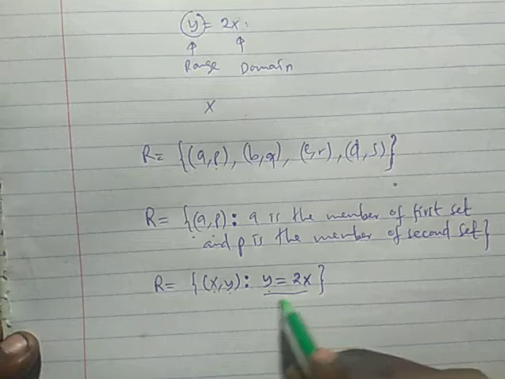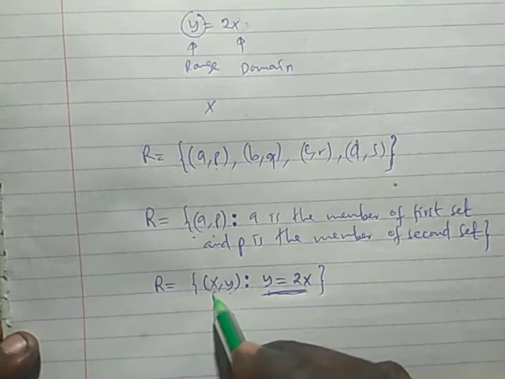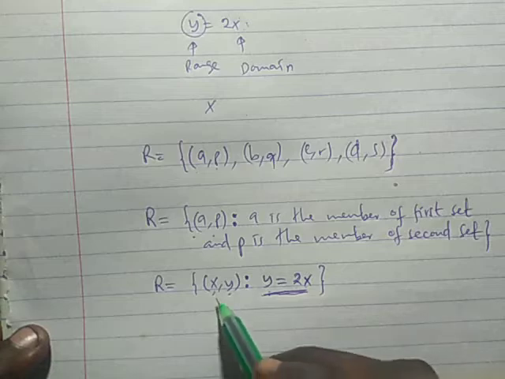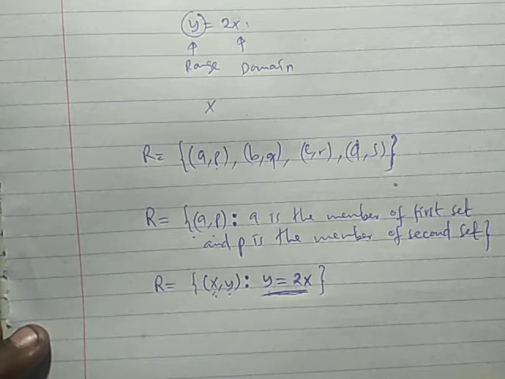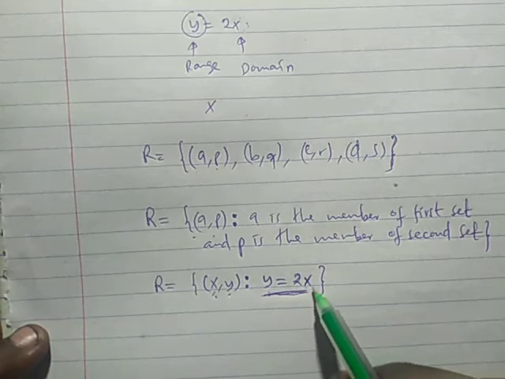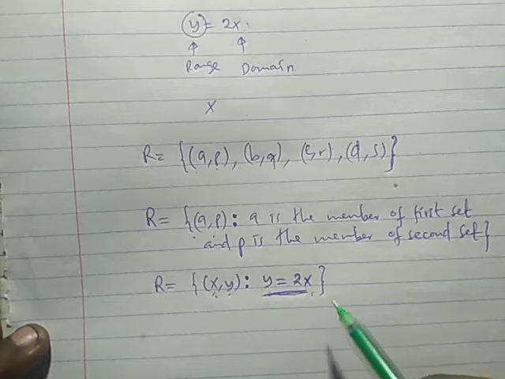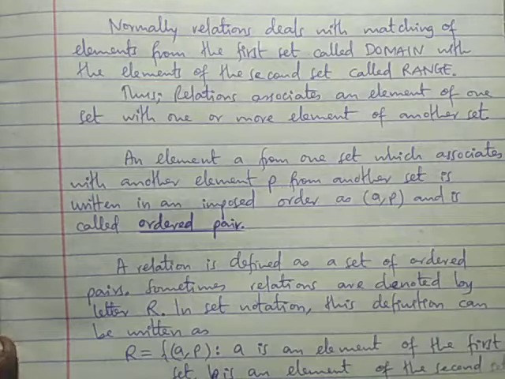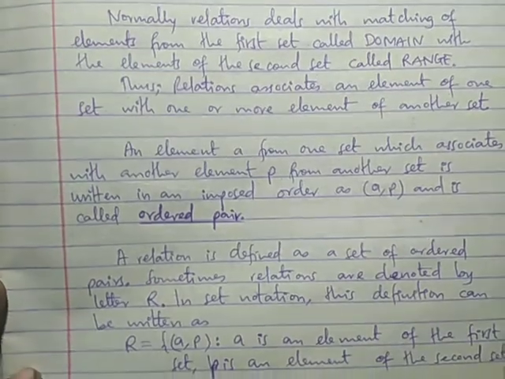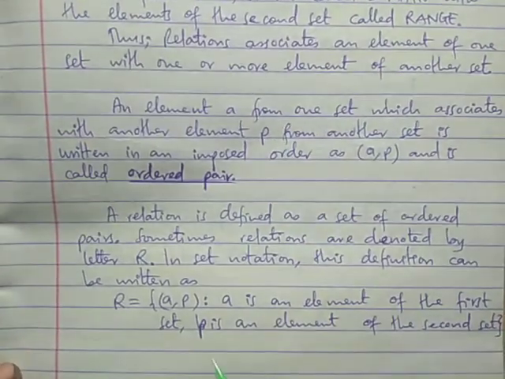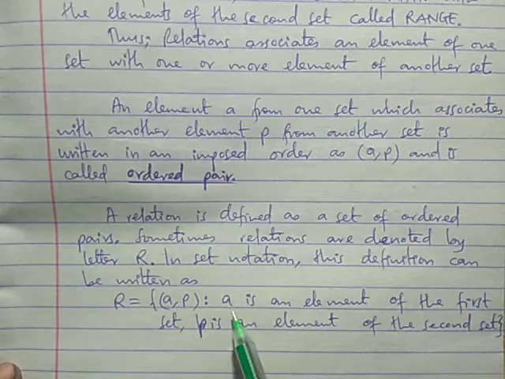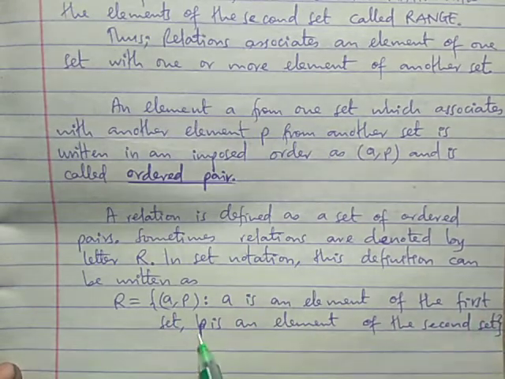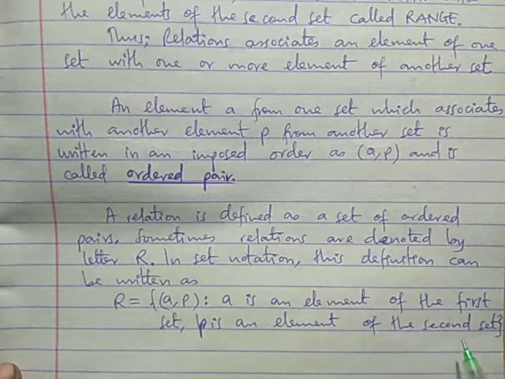So this, hii inaonyesha uhusiano ulioko kati ya members of first set na members wa second set upoje. Maana tukimwandika member wa second set awe ni moja ambayo ni X, je, member wa second set ambaye ni Y atakuwa ni ngapi? That is how we are presenting relations. So in relation tunasema kwamba relation R will be equal to A, P, whereby or such that A is an element of first set and P is an element of second set.